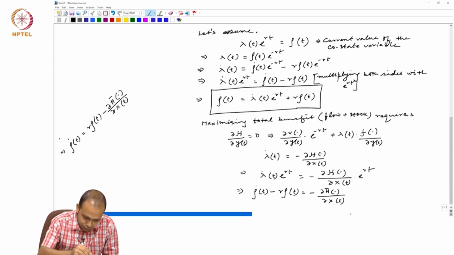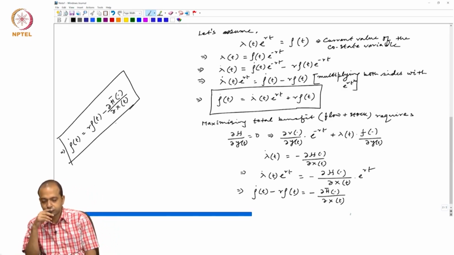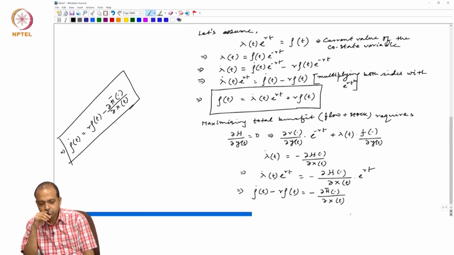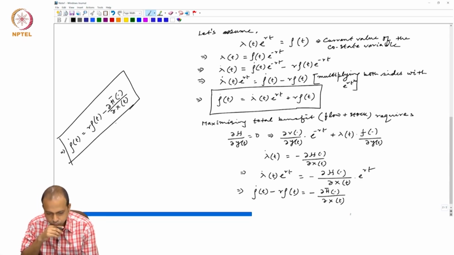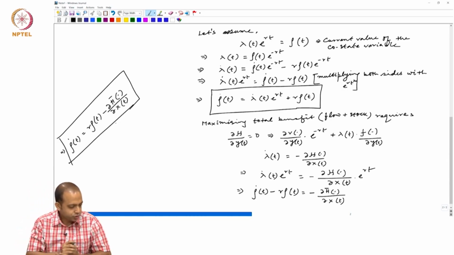So, this condition also we have to keep in mind, this will also be useful.